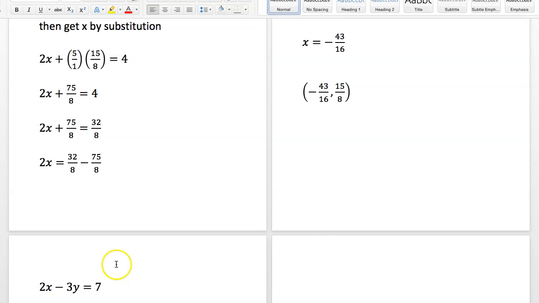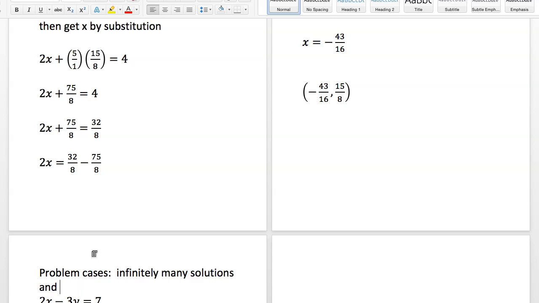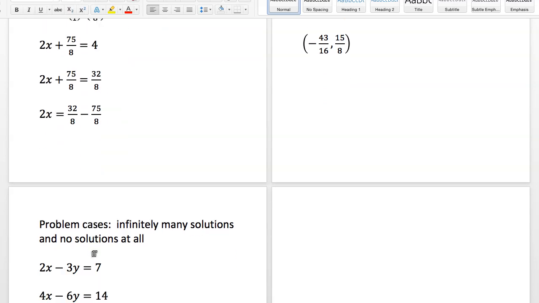So there are the problem cases: infinitely many solutions, and no solutions at all. Oddly, you'll never have a case where you have like 2 or 3 or 5. You'll either have none at all, infinitely many, or 1.